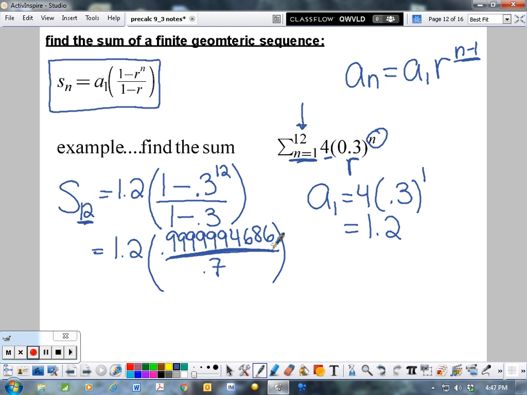So keeping the full value in your calculator while you're calculating is going to be very helpful. So I take this number that's already in my calculator, divide by that 0.7, and then take that answer and multiply by 1.2, and it gives me an approximate value of 1.71428, so on and so forth.